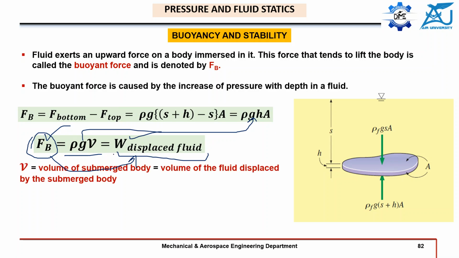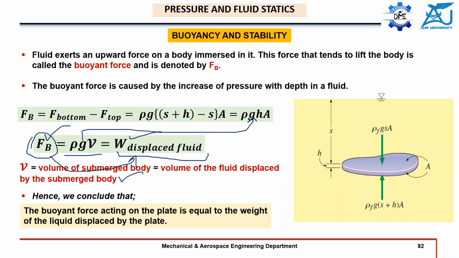Where V is the volume of the submerged body, that is equal to the volume of the fluid displaced by the submerged body. So this is still valid, which I told you. Hence we conclude that the buoyant force acting on the plate is equal to the weight of the liquid displaced by the plate. So this buoyant force FB will be equal to the weight of the liquid which was displaced.